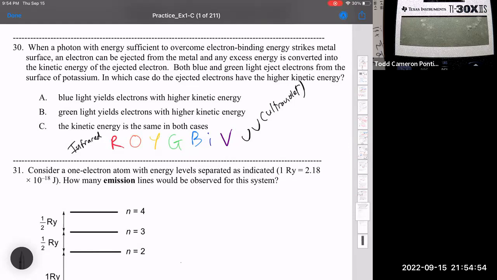It can break bonds. So this side is higher in energy, which means shorter wavelength. Long waves are low energy, short waves are high energy. This side corresponds to lower energy, which means longer wavelength.